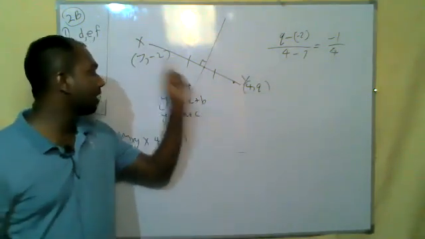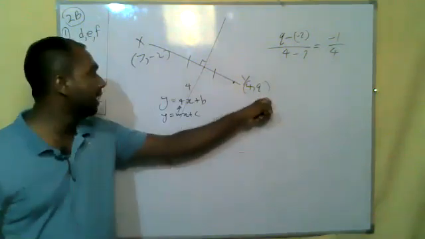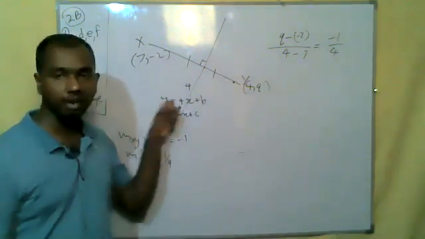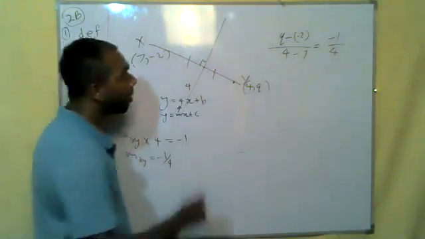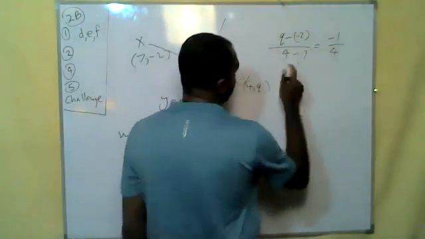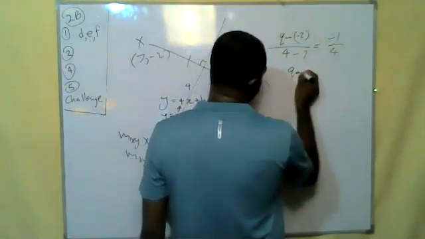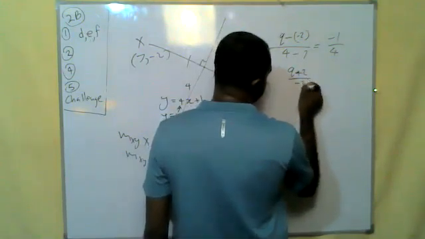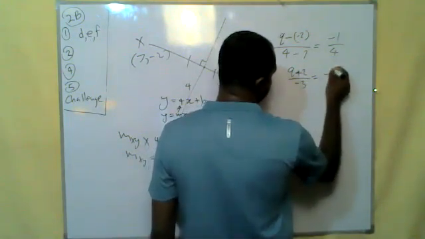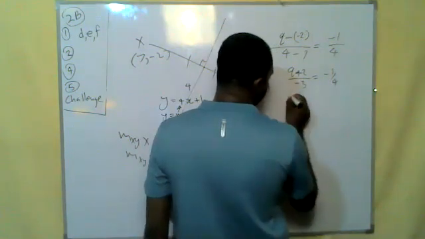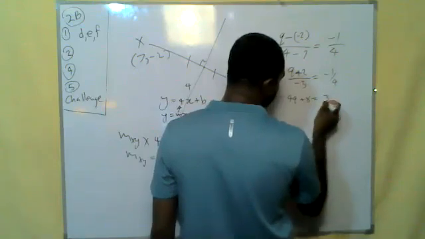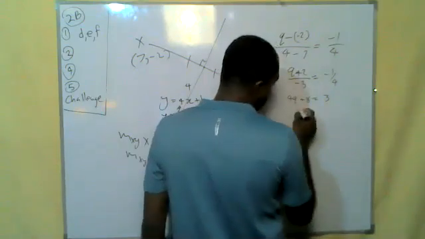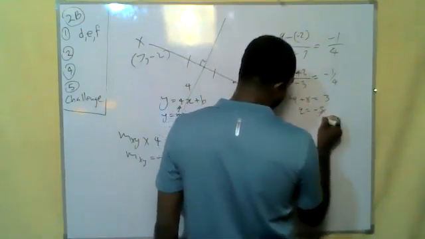If I know the gradient, I can use that to find q. Then I look for the means where I can find the gradient of this line. So (q plus 2) over -3 equals -1/4. So 4q plus 8 equals 3. Q equals -5/4.